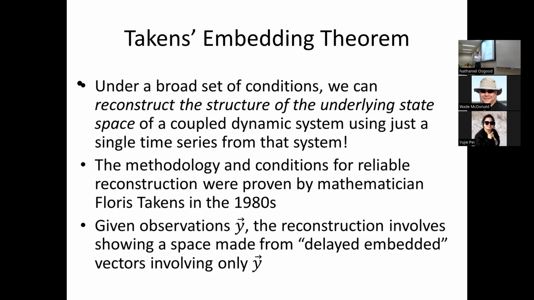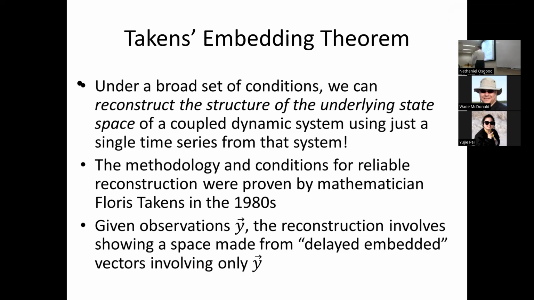that if you have a system out there in the world, which doesn't require any model of it, and you have data about it, you can reconstruct the underlying state space of the real system in the world.